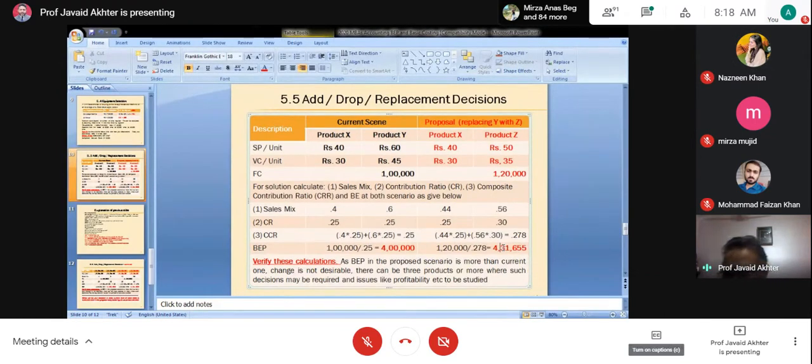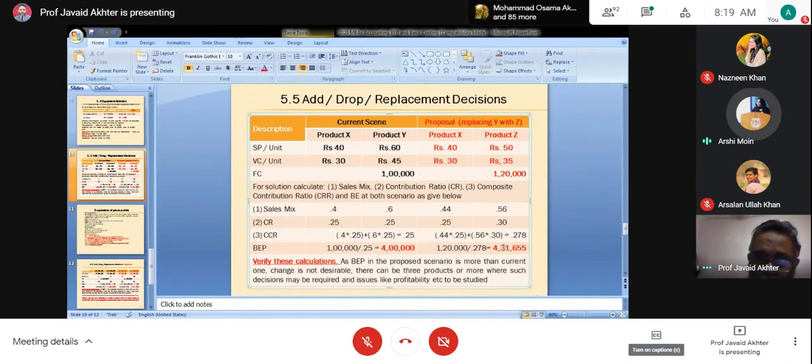Now come to the decision. What decision will you take? Accept the change proposal or reject the proposal? Reject the proposal. Okay, you should reject the proposal, because BEP is more in the proposed.